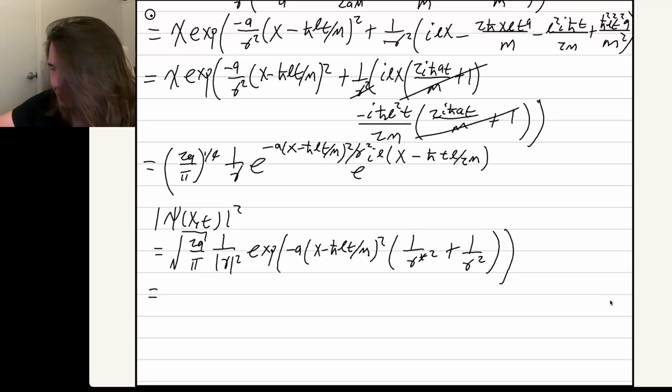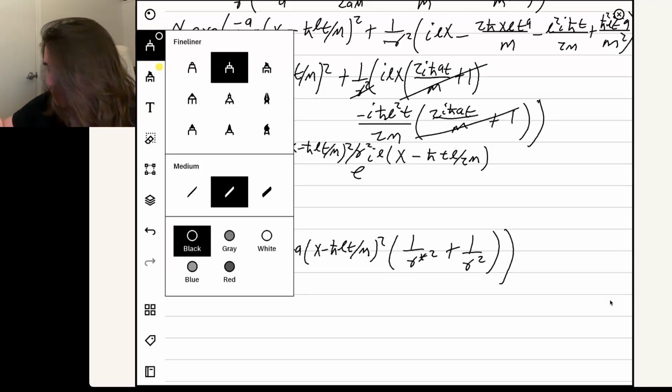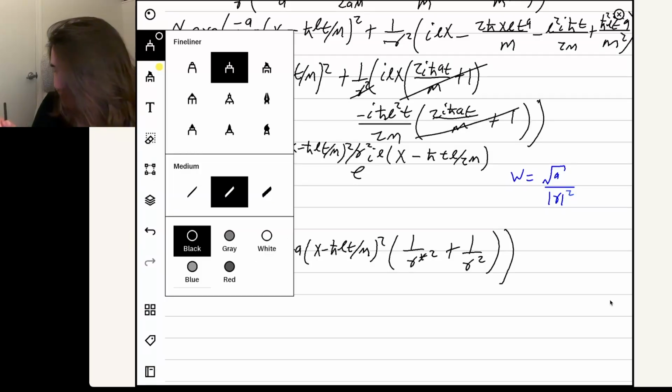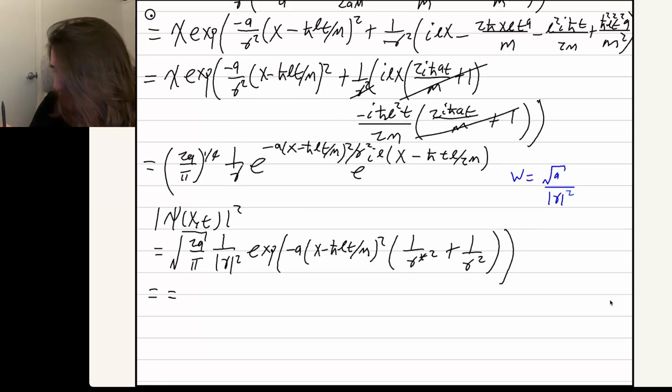And then Griffiths defines another quantity w in problem 2.21, which ends up just being the square root of a over the mod squared of gamma. So we can go ahead and on the outside turn this into root 2 over pi times w.